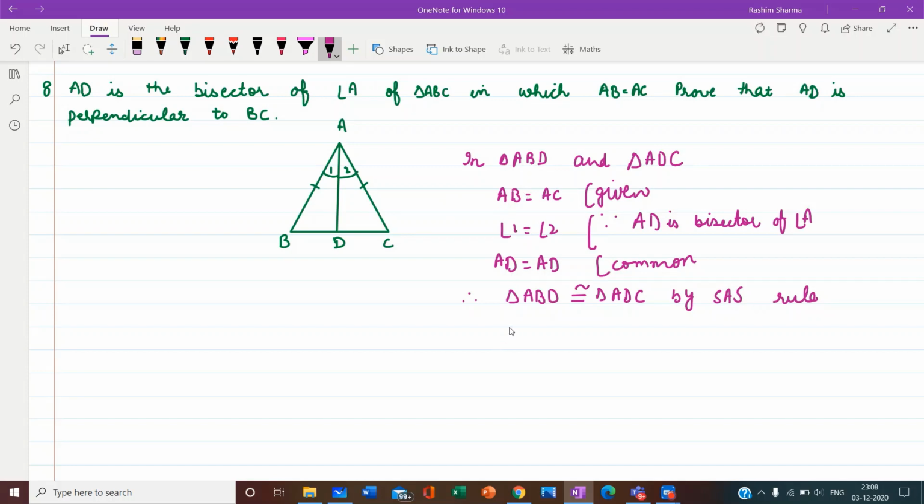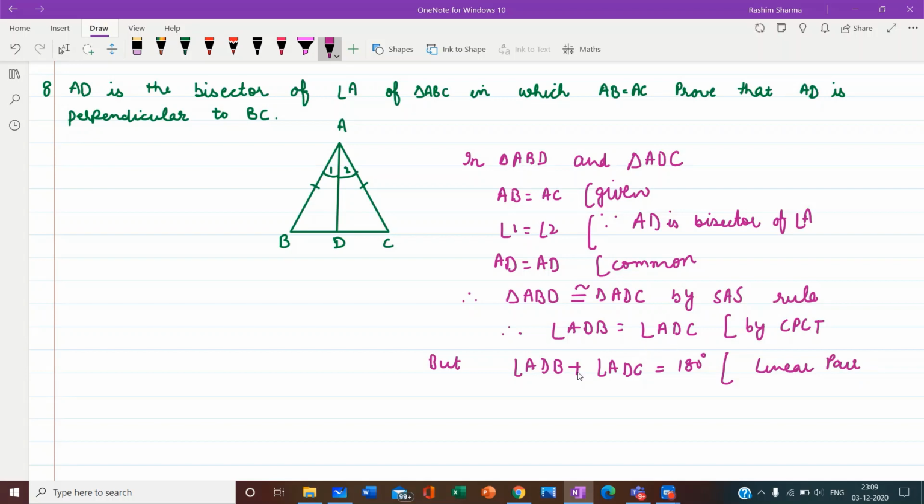Alright. Therefore, we can write that angle ADB is equal to angle ADC by CPCT. Okay, but angle ADB plus angle ADC should be equal to 180 degrees because this is a linear pair.